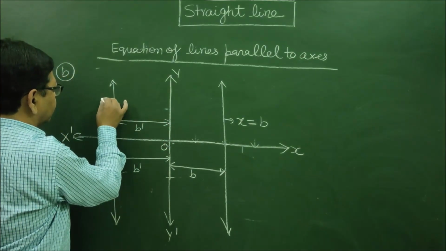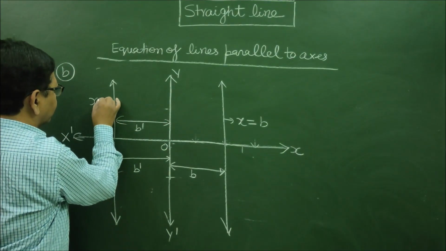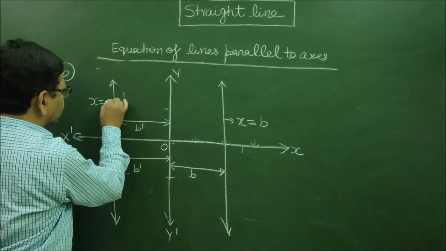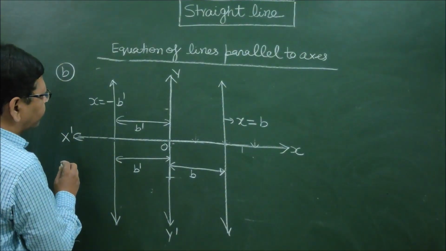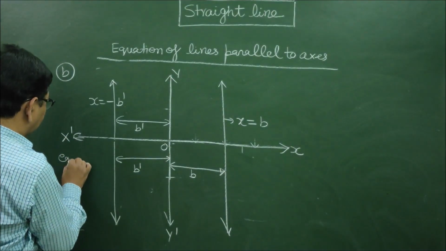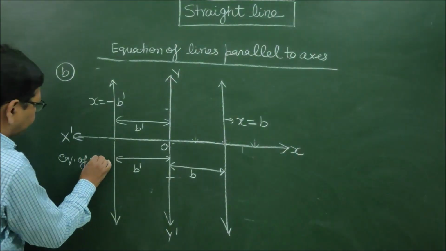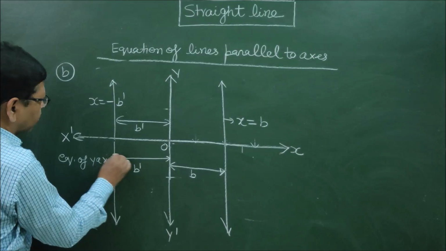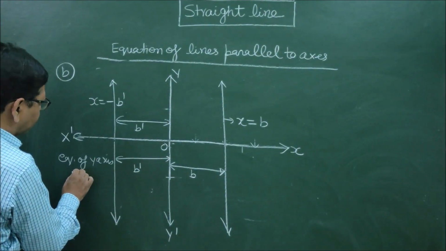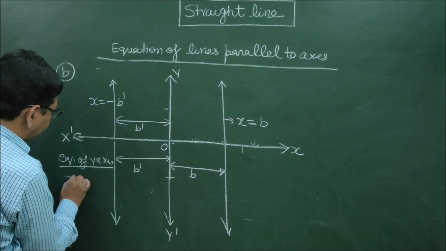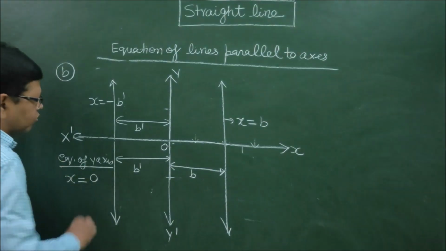So the equation will be x is equal to minus b dash, because it is on the negative side. Now equation of y-axis, for all the points on y-axis, the x coordinate is 0, so the equation of y-axis is x is equal to 0.